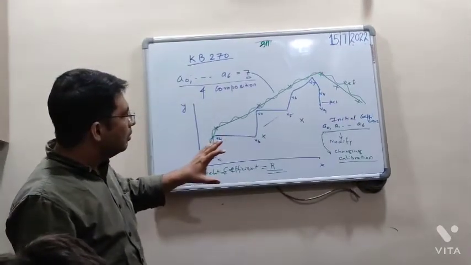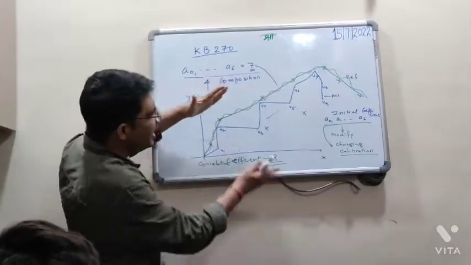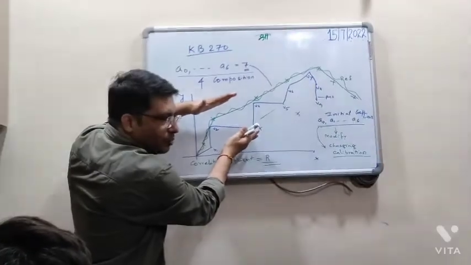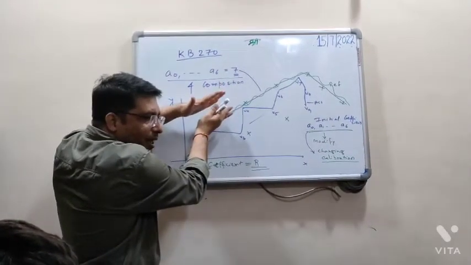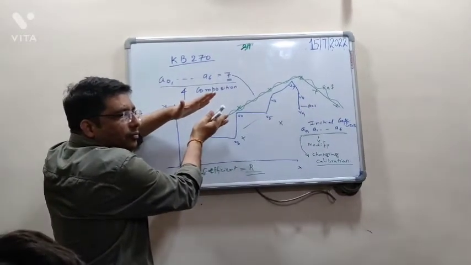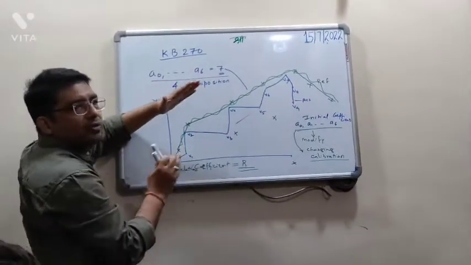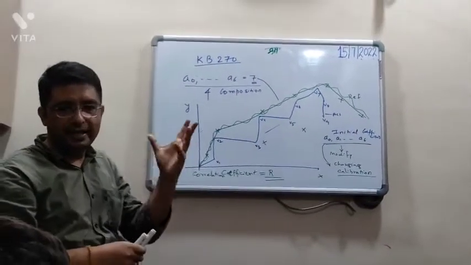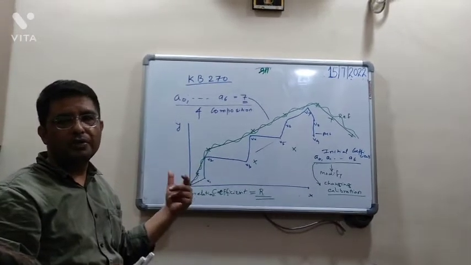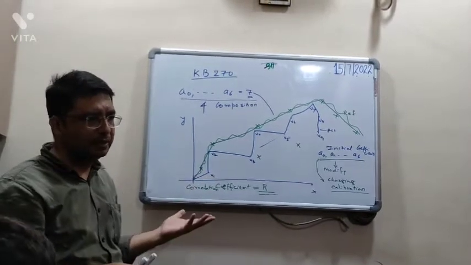So, what was our objective? This value should match with this. How well this actual value is aligned with the reference value, that information will be given by the coefficient of correlation, or correlation coefficient, whatever you want to say, right?